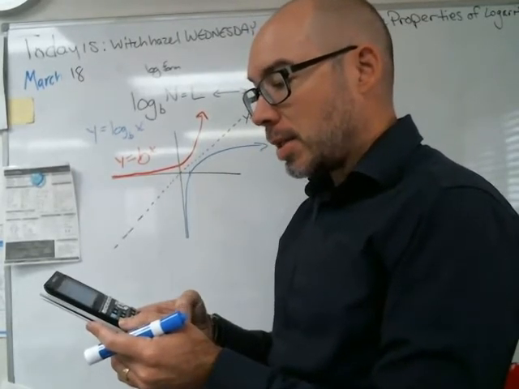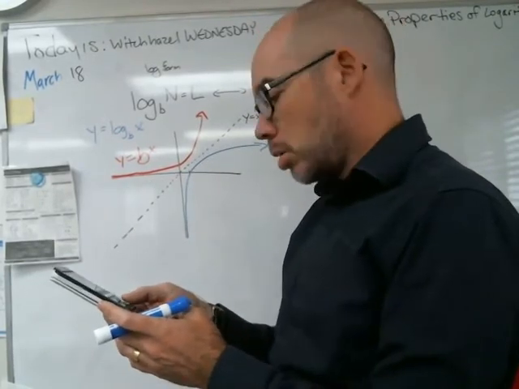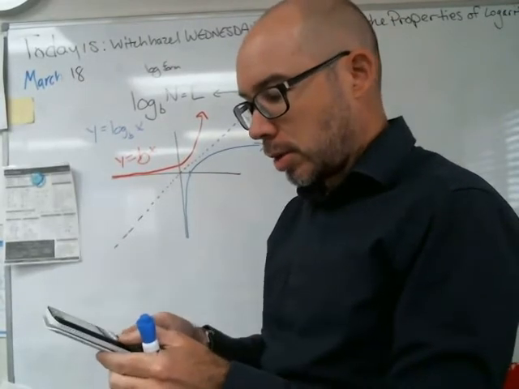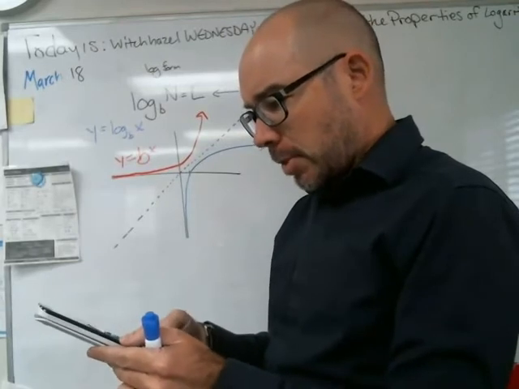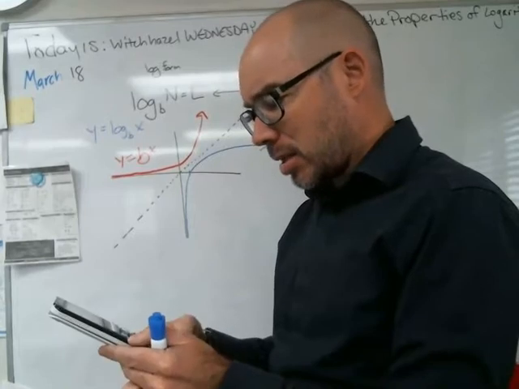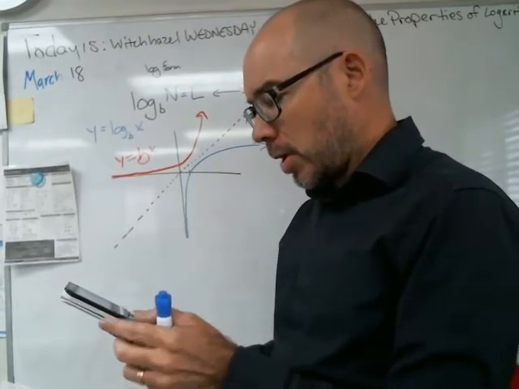The log base number 5, log base 2, and then in parentheses put x. Here, I'll show you what I want that to look like. Number 5, log base 2 of x. Okay. Zoom 6, this bad boy.